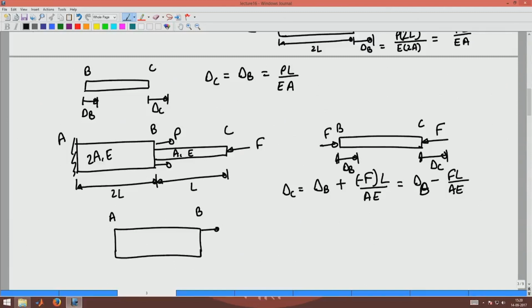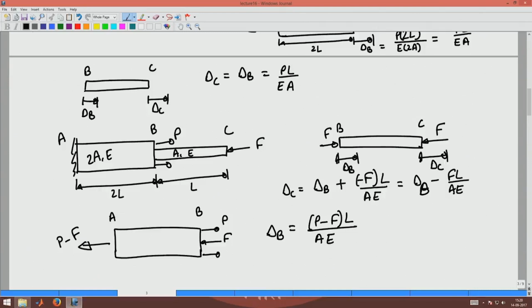There is a force P acting here and there will be a force F acting here. So, the net force from equilibrium is P minus F, right, because they are in opposite direction. The net force acting on member AB would be P minus F. So, delta B would be this P minus F into L by AE.